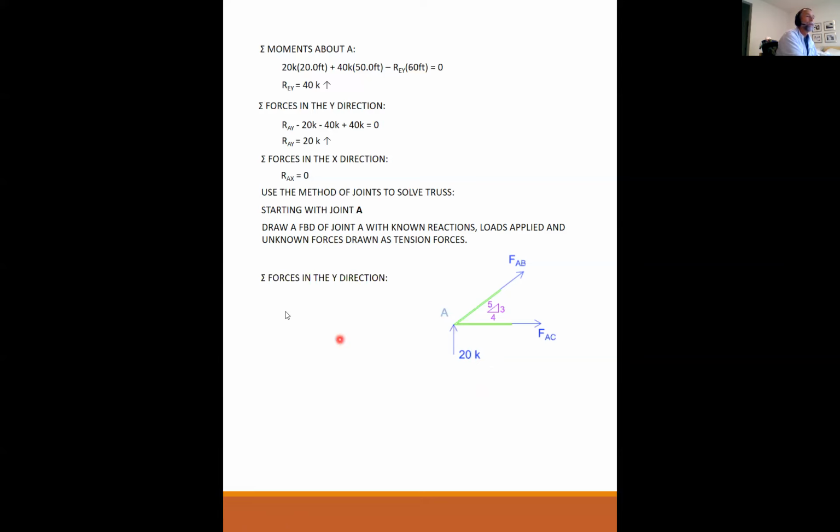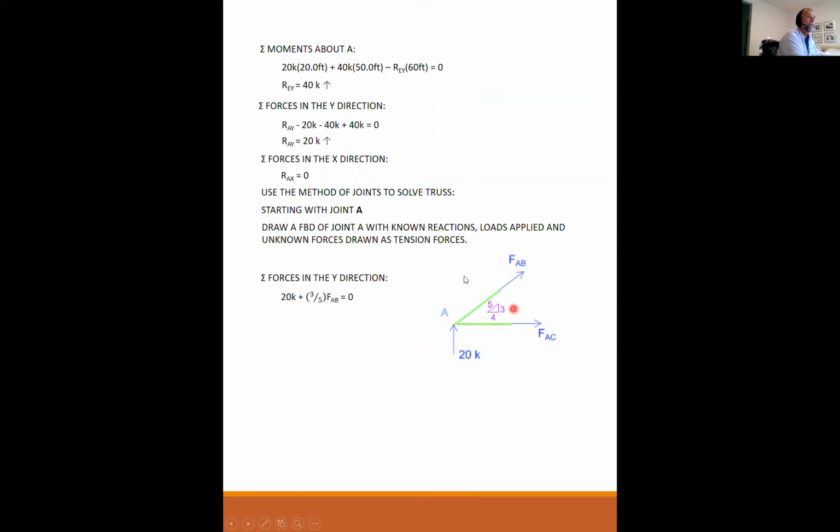Okay? So I start summing the forces in the y direction because, as you can see, I have 2 unknown components in the x direction. I only have 1 unknown in the y direction. So I'd rather do the simpler one first. So I sum my forces. I have 20 kips up.